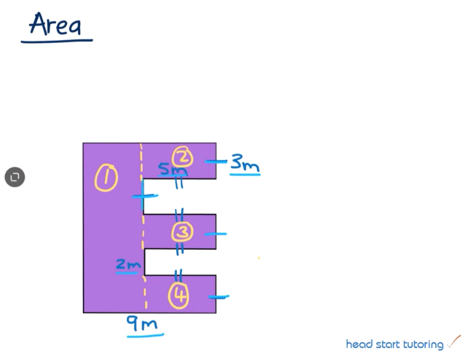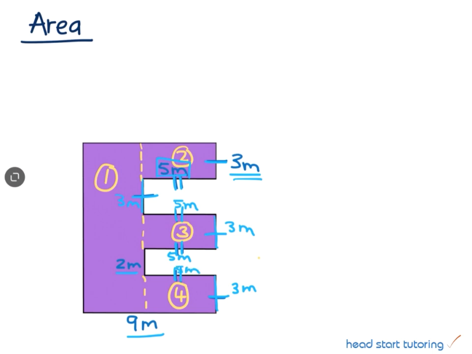So this side here is equal to 3 meters, this side is equal to 3 meters, and this side is equal to 3 meters because they are all equal to that side there. And because of these 2 lines on these sides, that indicates that each of those sides are going to be equal to this side, which is 5 meters. So each of these sides are 5 meters, 5 meters, and 5 meters.